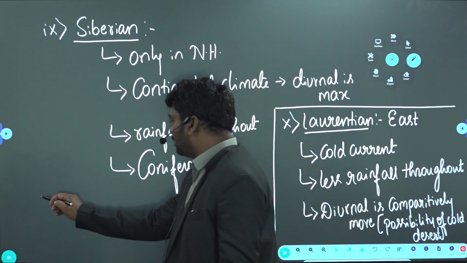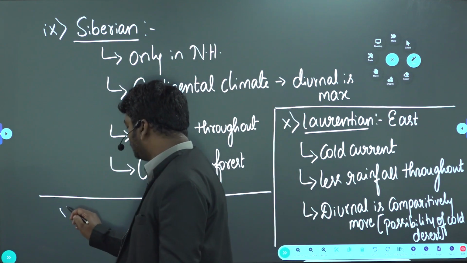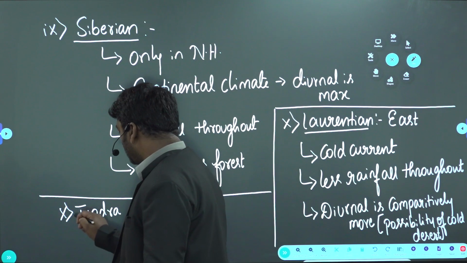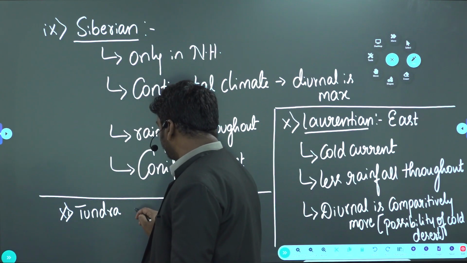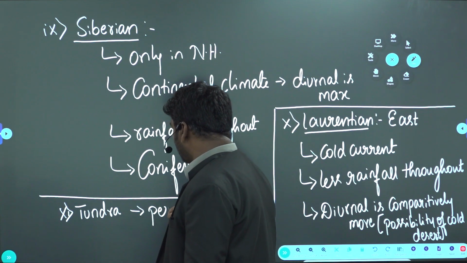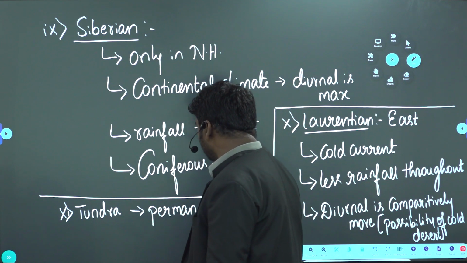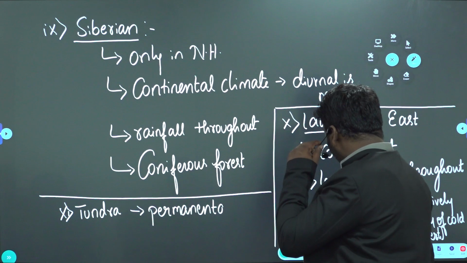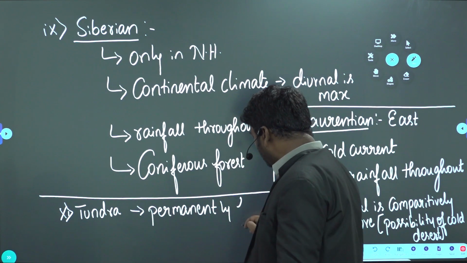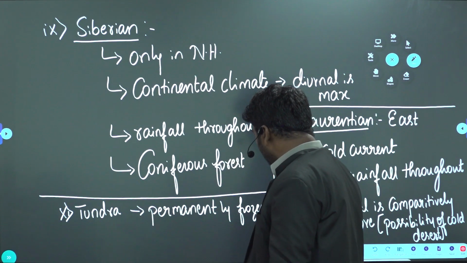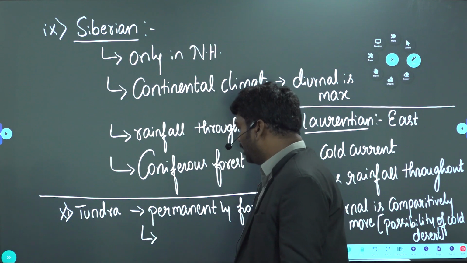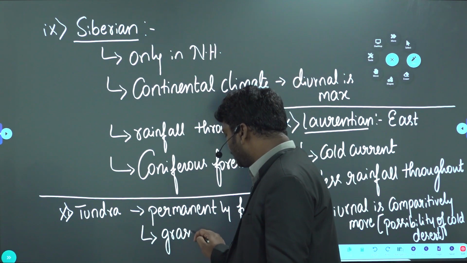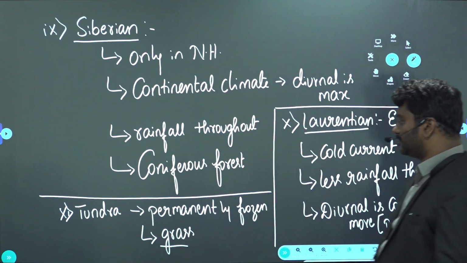Last. Tundra. Permanently frozen. And due to climate change, grass is coming in this region.